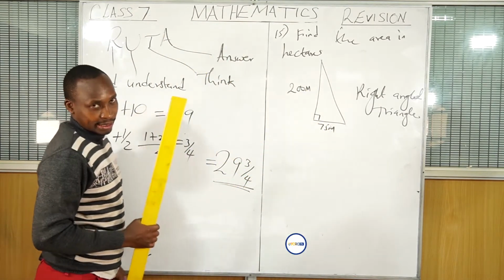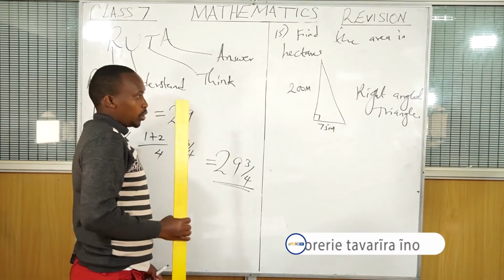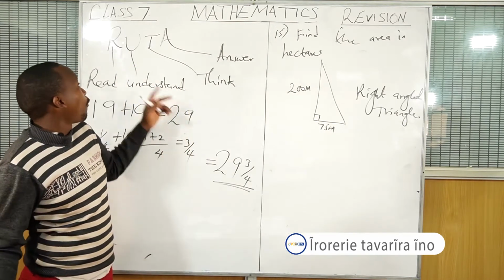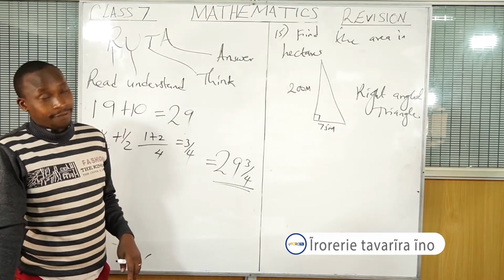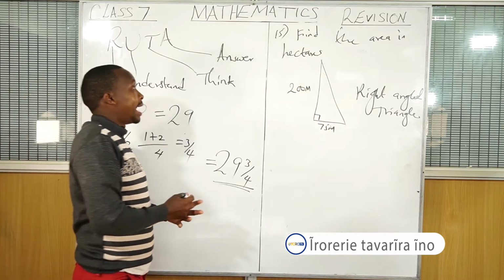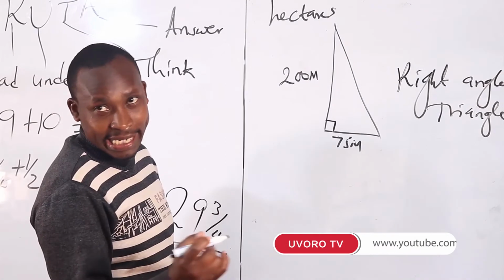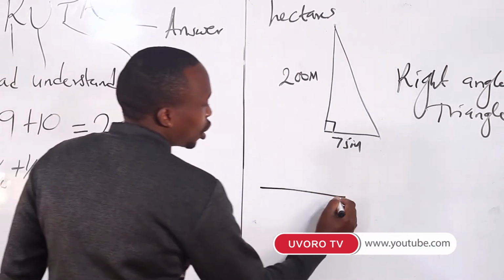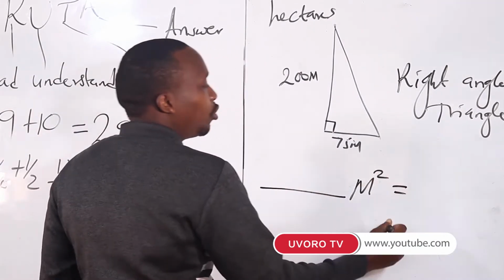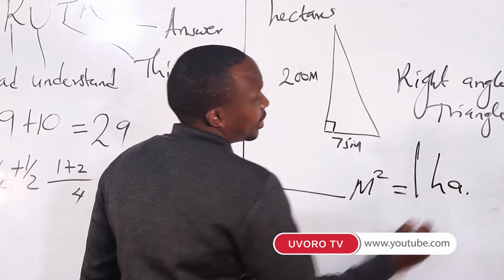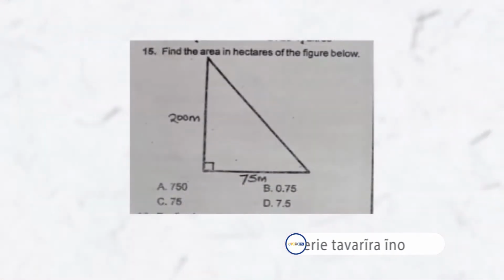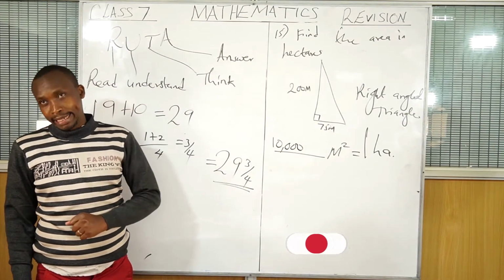So you must ask yourself for your understanding, how many meters squared make 1 hectare? That is 10,000. 10,000 meters squared will give you 1 hectare.